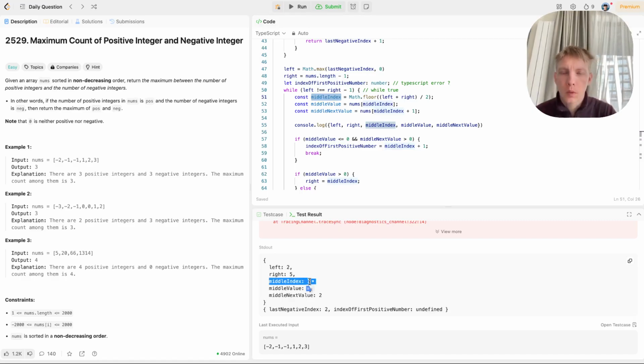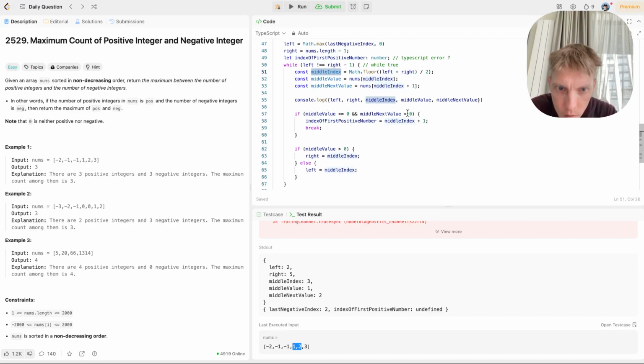Yeah, but we're looking for positive 1, which means that we should, and we're comparing these numbers. Middle value, middle next value.